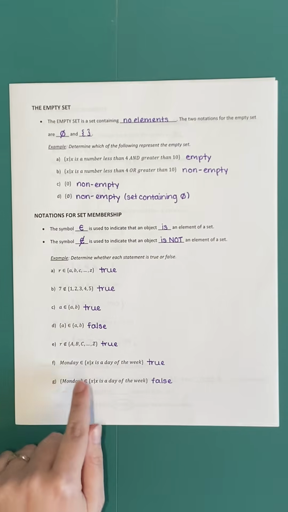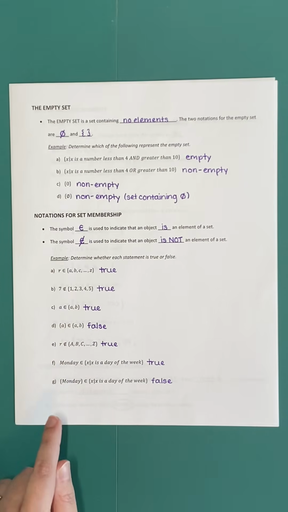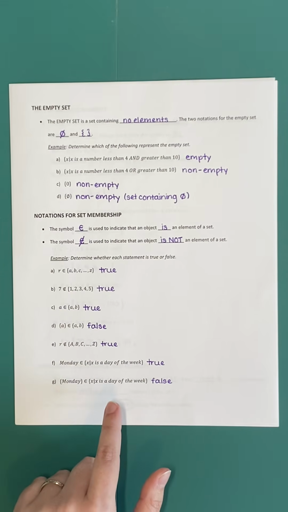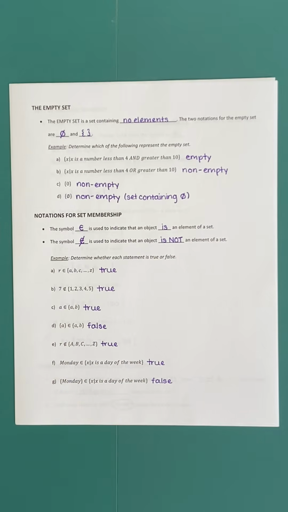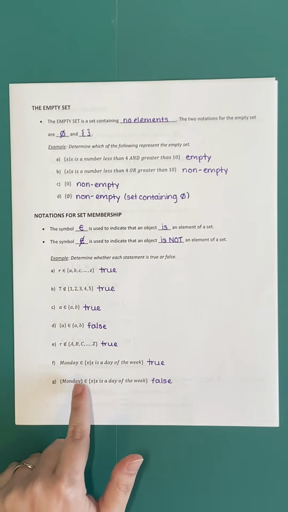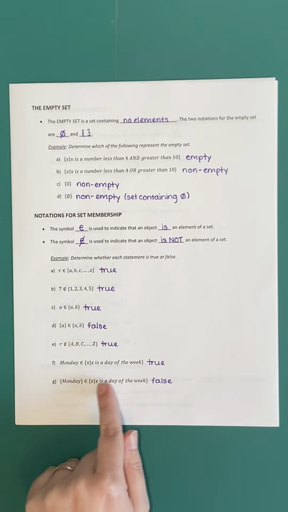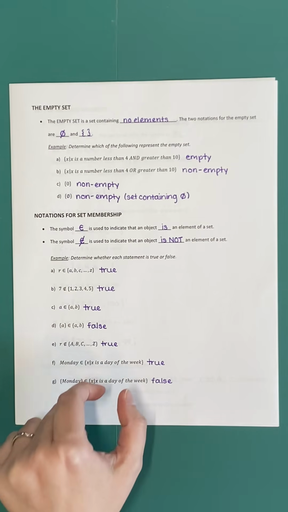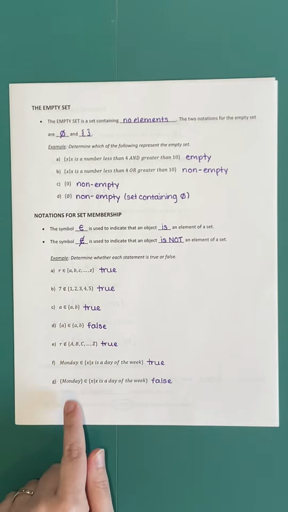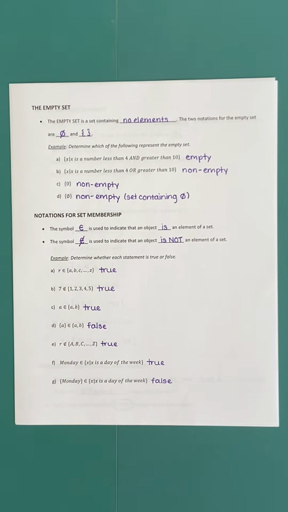The whole set as its own element, is it contained in this particular set, yes or no? Well, the answer then again would be no. We don't have sets within sets in this case. This is its own set with individual elements. In order for this statement to be true, this set would have to contain individual sets inside of it. That would be the only way that this statement would be true. And so in this case, it's false.